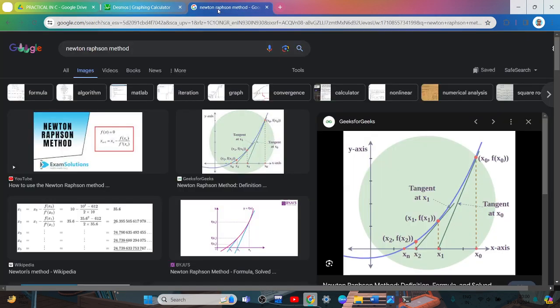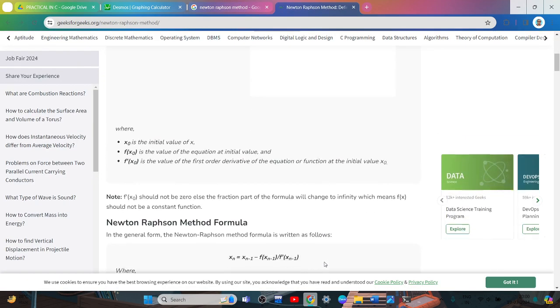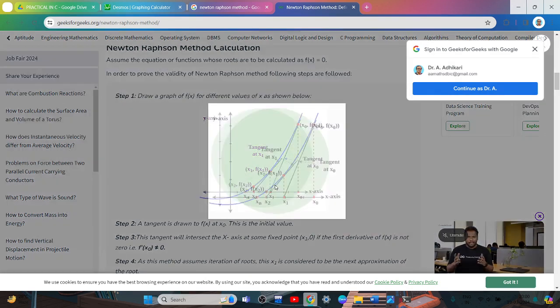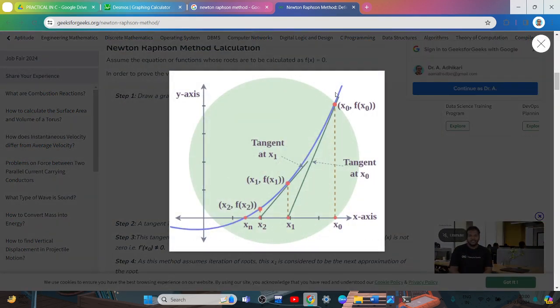And actually, this is the graphical representation of the Newton-Raphson method. This is the x-axis, the y-axis, and this is the function y equal to f(x), and this is the initial approximation x0. First we draw the vertical line up to the curve at the point x0 and draw a tangent.